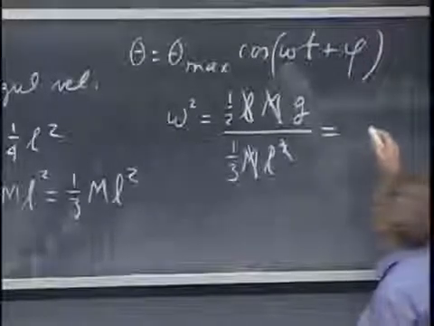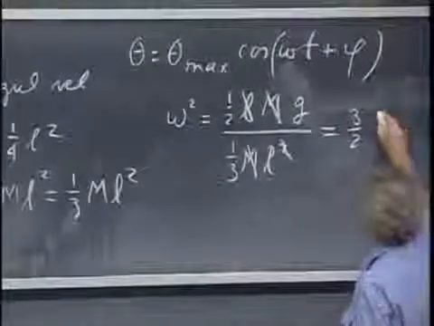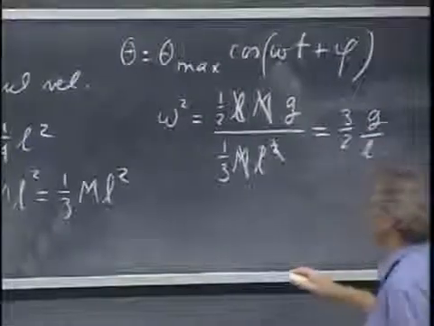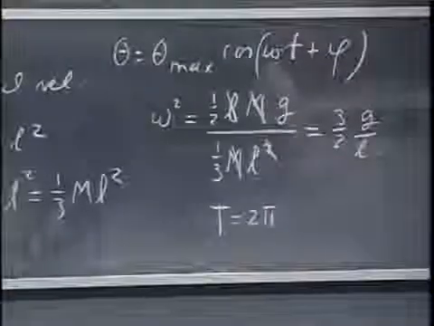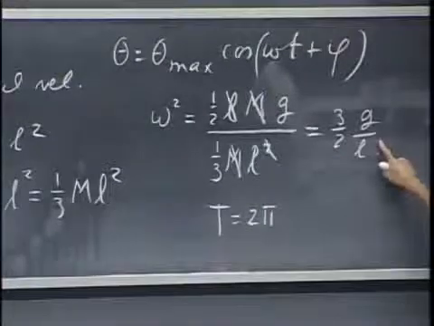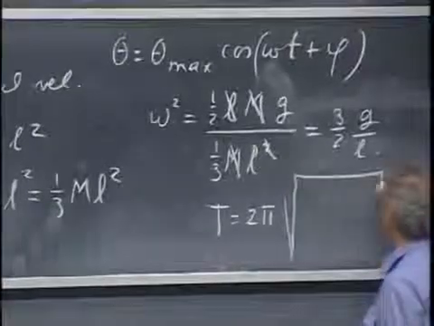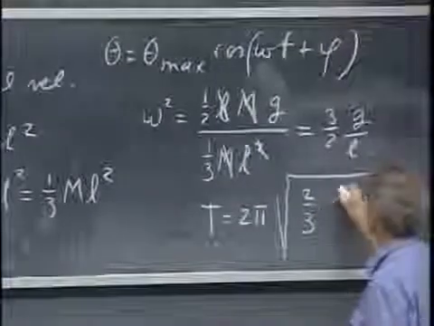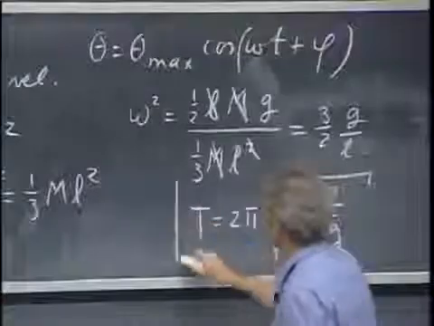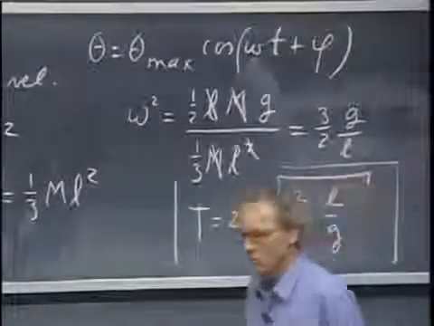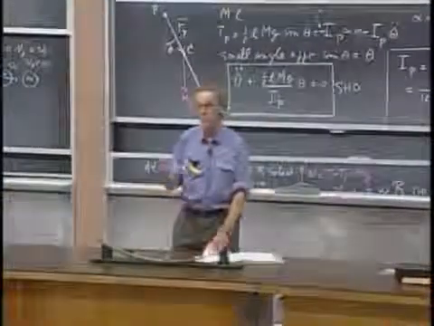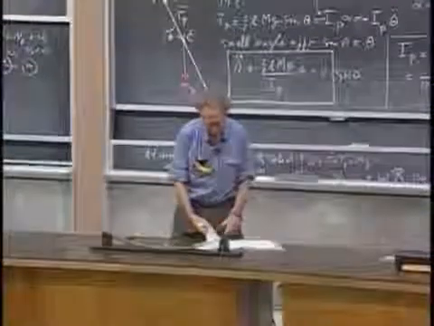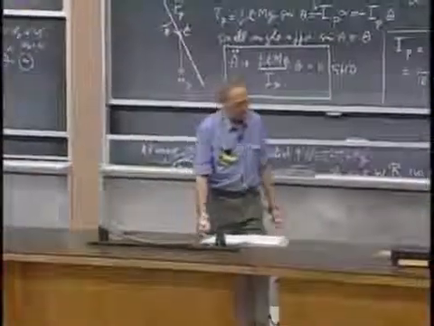And so this is 3/2 g divided by L. And so the period of one oscillation is 2 pi divided by omega. Omega is the square root of this, so that becomes 2 pi times the square root of 2/3 L over g. And that is the period of the oscillation of this ruler. We worked on something similar in lectures, and we even measured the period, and we found very, very good agreement with the theoretical prediction.